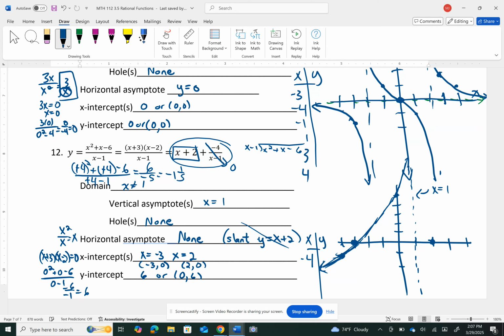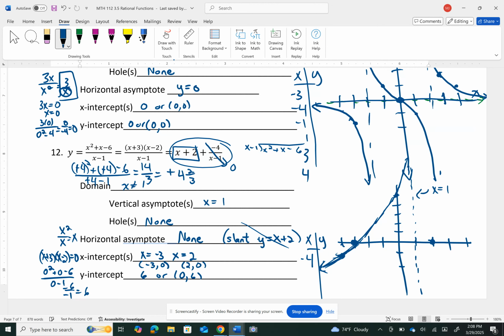If I plug in a 4, I'm going to get 16 plus 4 is 20, take away 6 would be 14, and in the denominator I'd have a positive, so it'd be 14 over positive 3, so that's going to be a positive number, and 3 goes into 14 4 times, and an additional 2/3.